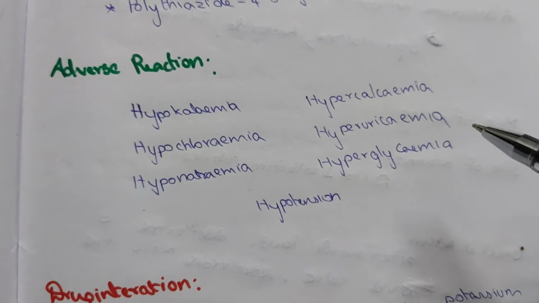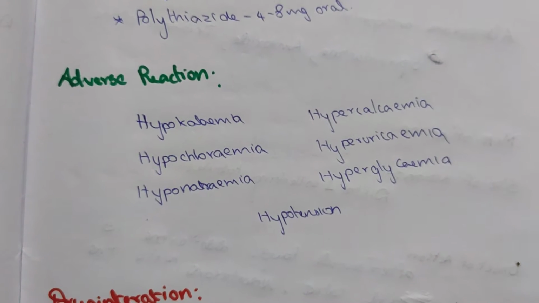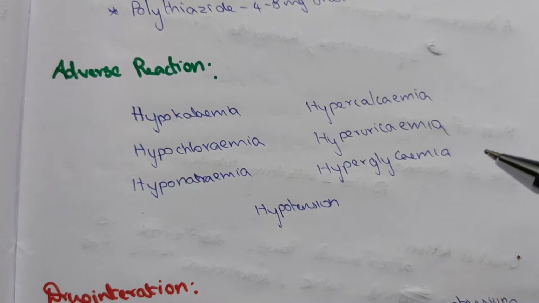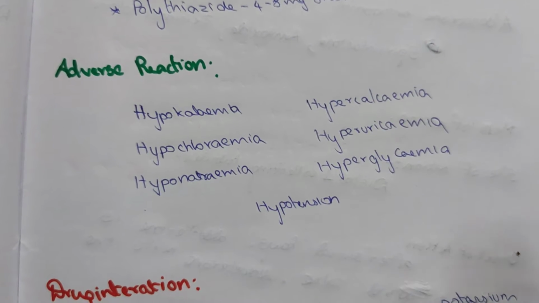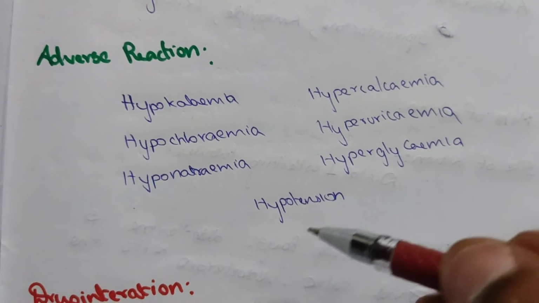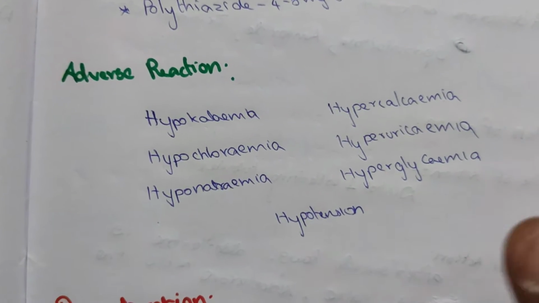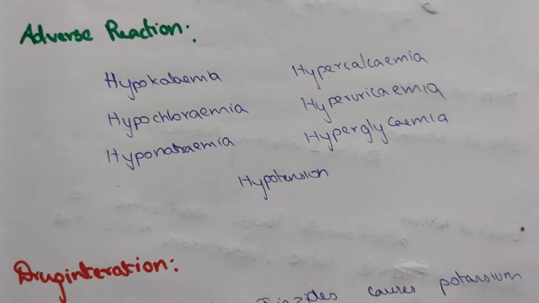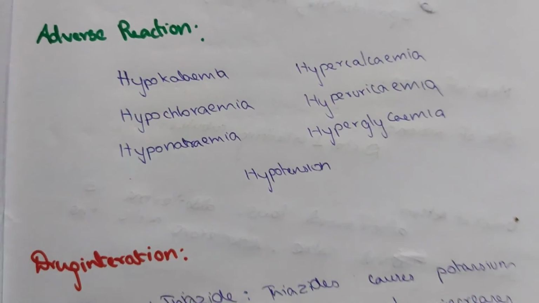In hypercalcemia, there is increased level of calcium in the blood. Hyperuricemia as well as hyperglycemia, there is increased level of glucose in the blood. And hypotension. The use is hypertension, so when we take more amount of this thiazide diuretic, it leads to hypotension.